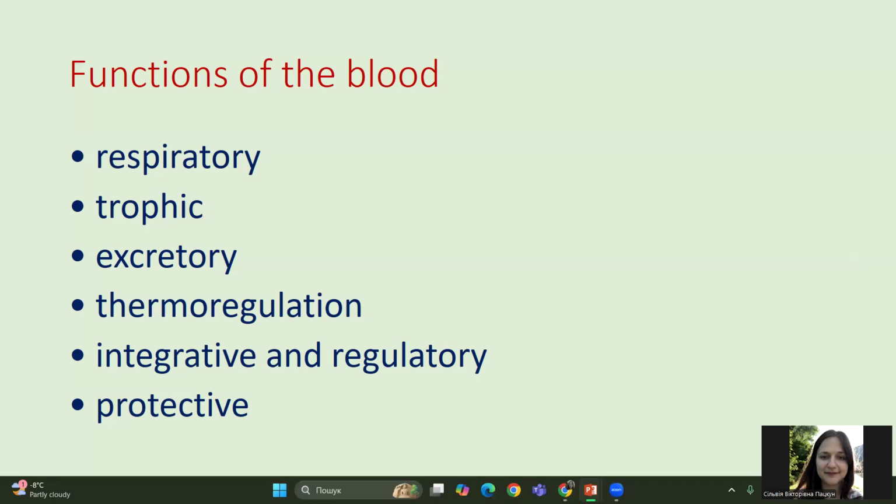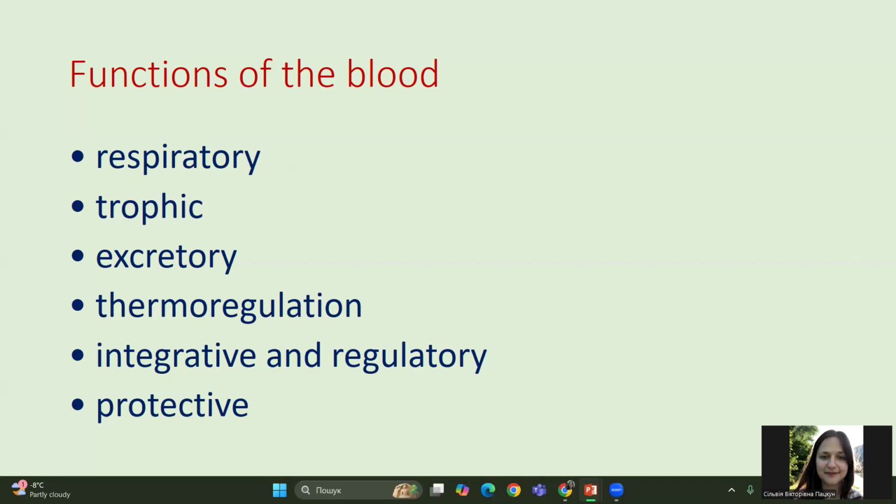Thermoregulation: carrying of heat from the organs which have greater heat production to the organs which have lower temperature, and also carrying of heat to the periphery to provide heat removal when it is necessary.